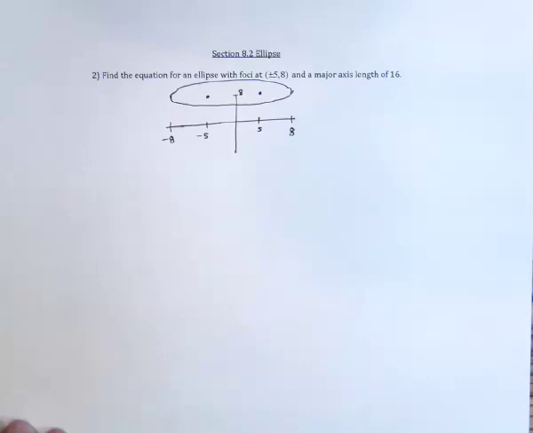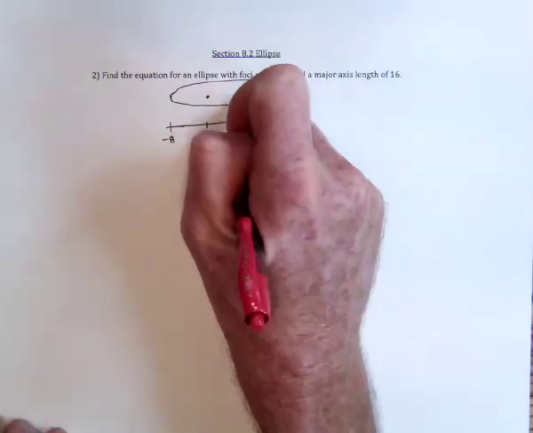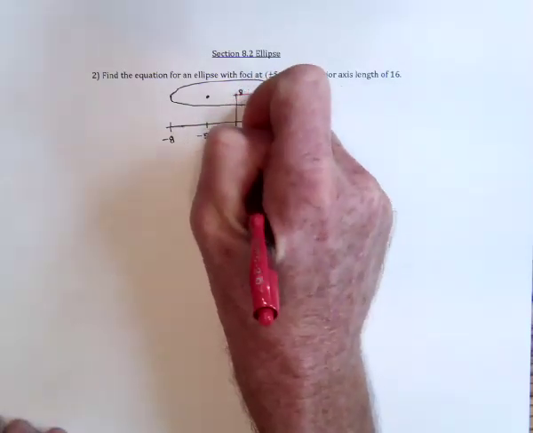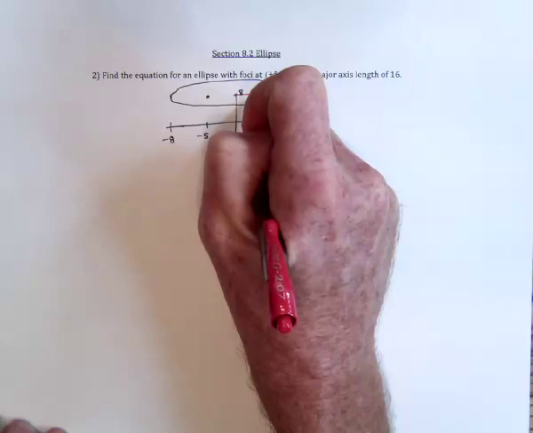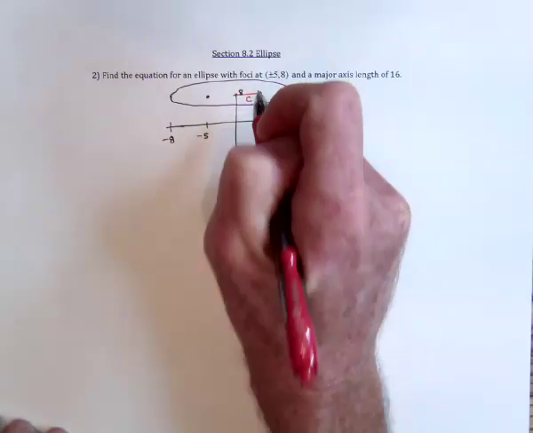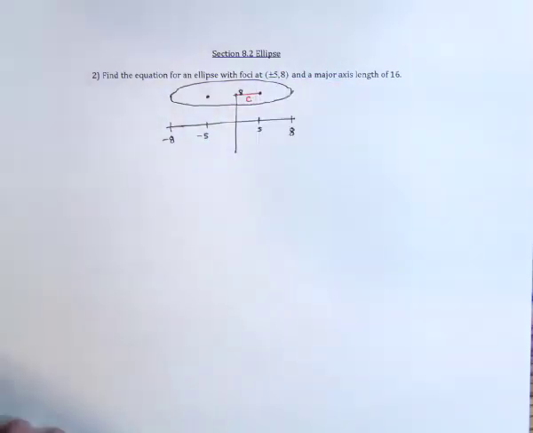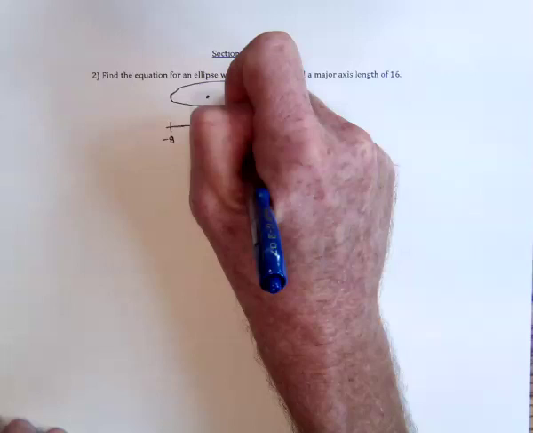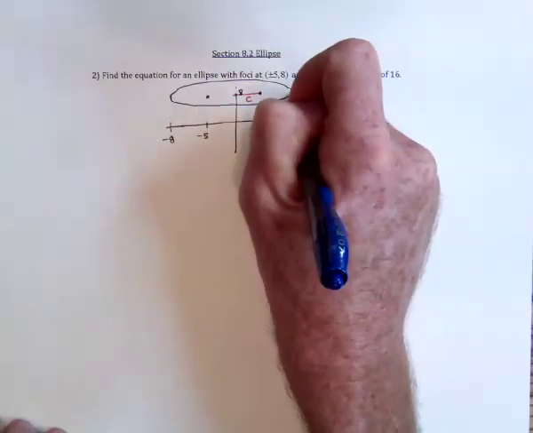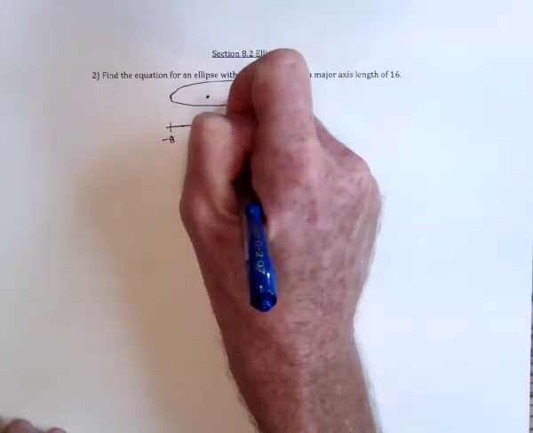So we have this distance from the center to a focus point. That's the distance C. And we've got this distance from the center out to the end point is 8. So I'll measure it this way.